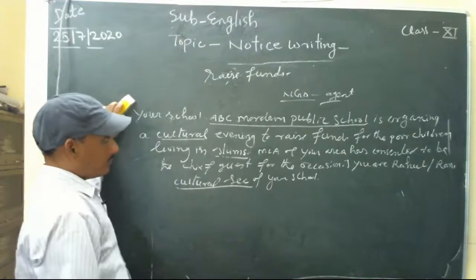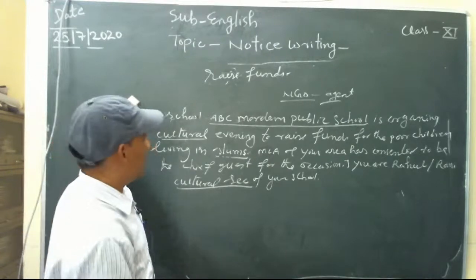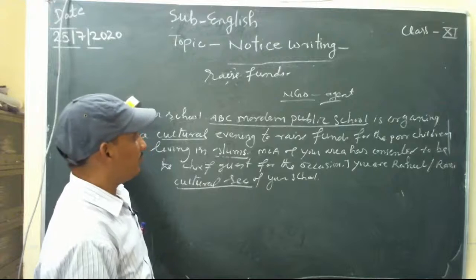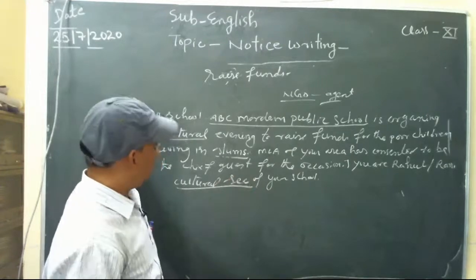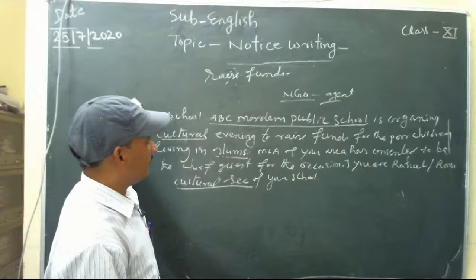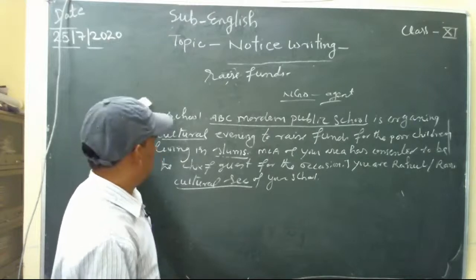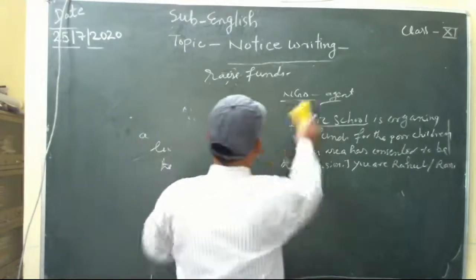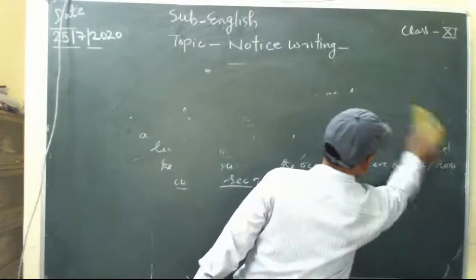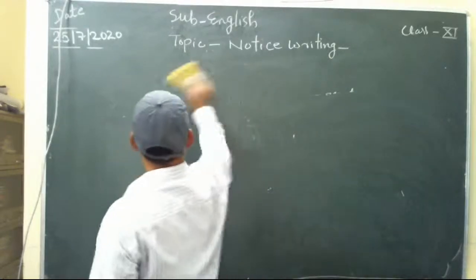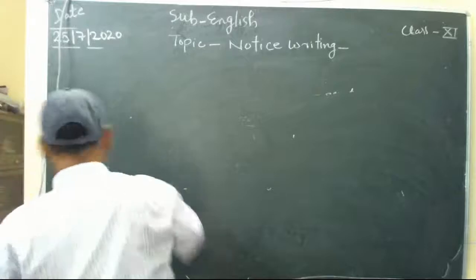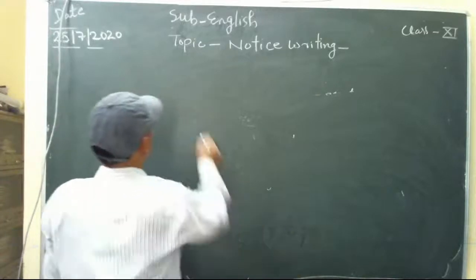I'm going to erase it, so you will have to remember the name of the school and Rahul or Rani, and the objective is also clear. Just see how you will write.